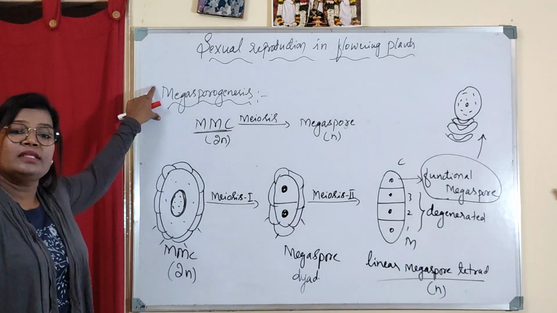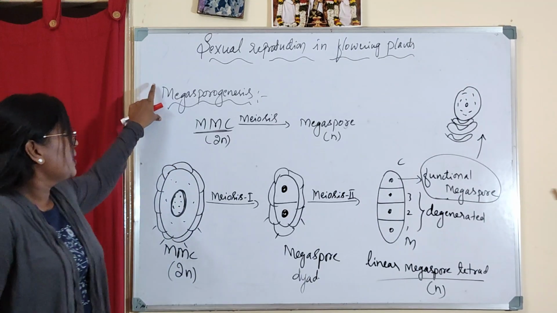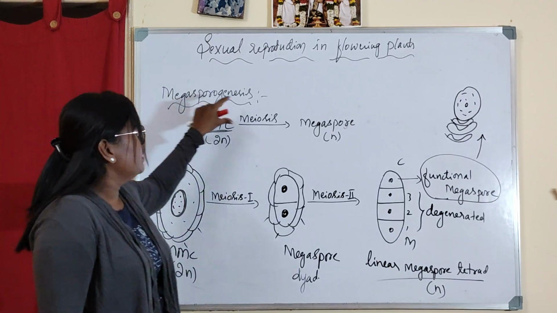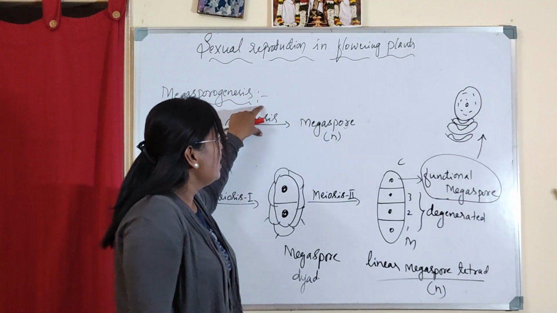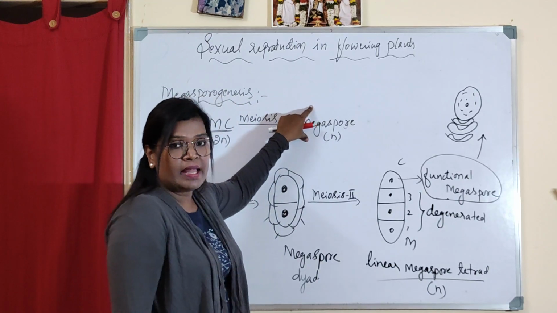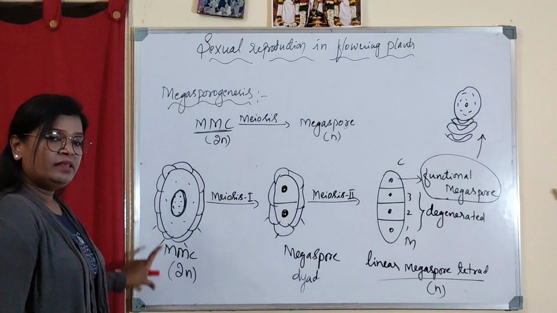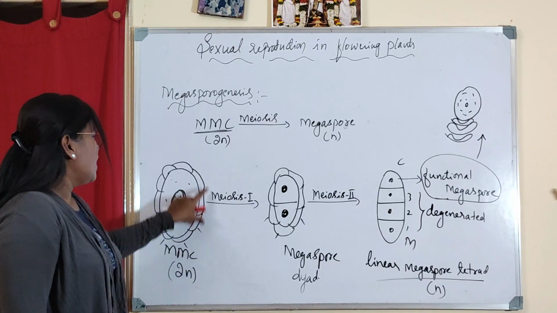So what happens in megasporogenesis? First there is the formation of the MMC, then the MMC undergoes meiotic division and forms the haploid megaspores. The megaspore mother cell is diploid and is a large cell.